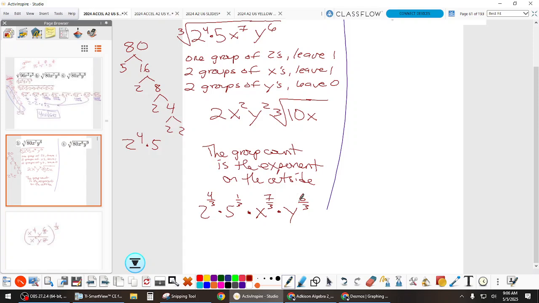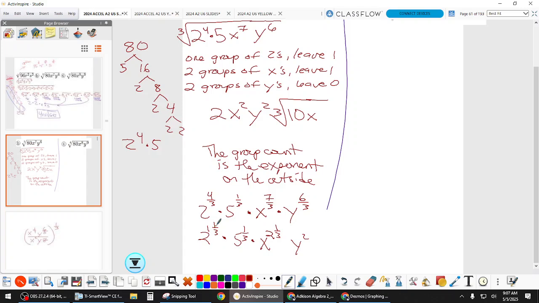So what does 6 thirds become? 2, y squared. X to the 7 thirds is 2 and 1 third, so x squared on the outside, and 1 third means it stays in, because if it has a denominator, it's still stuck inside. 5 to the 1 third is still stuck inside. And 2 to the 4 thirds is 2 to the 1 and 1 third: one group outside, one group inside.